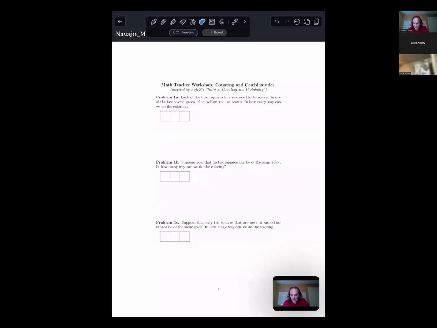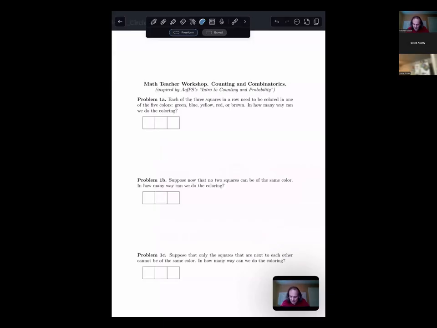By the way, some of the problems were inspired by the Art of Problem Solving. That's a really good resource. Towards the end, I'll talk a little bit about it and show you how it works, but they have a lot of very good material there.